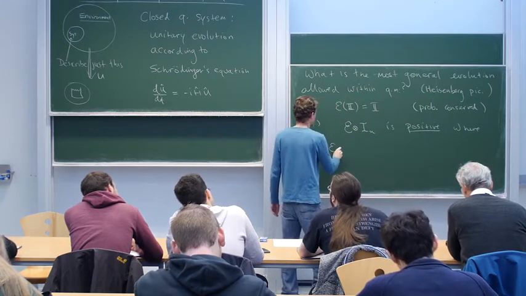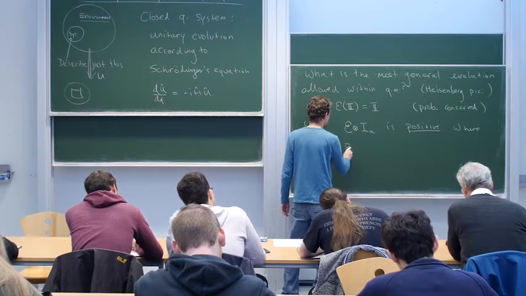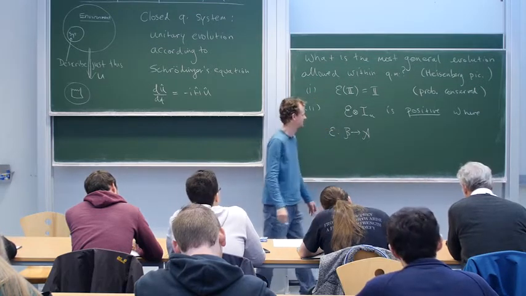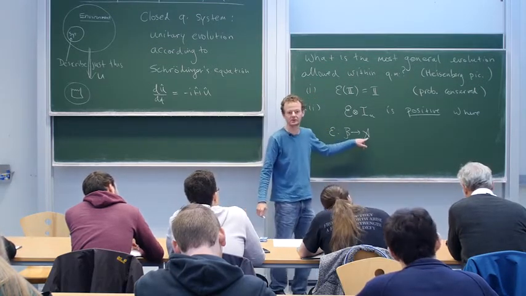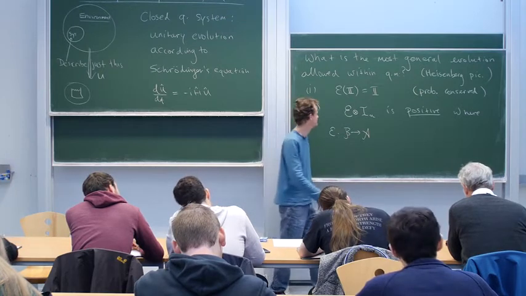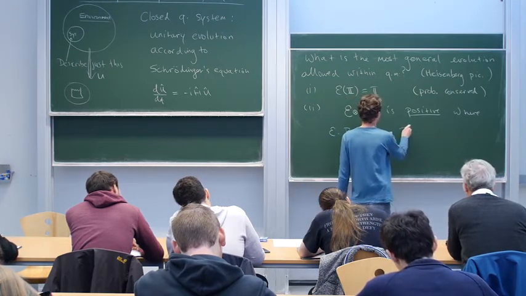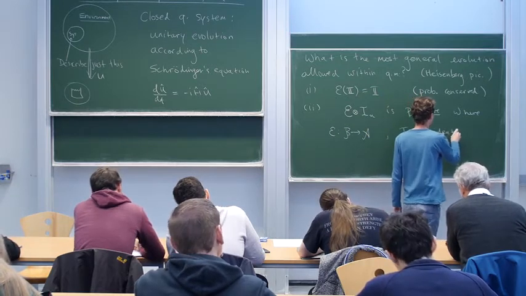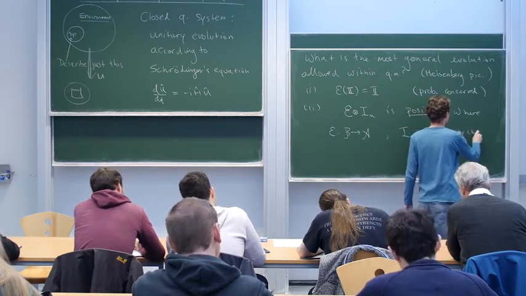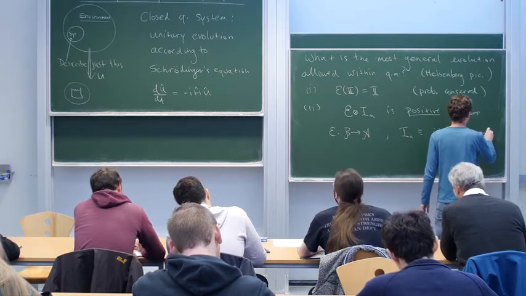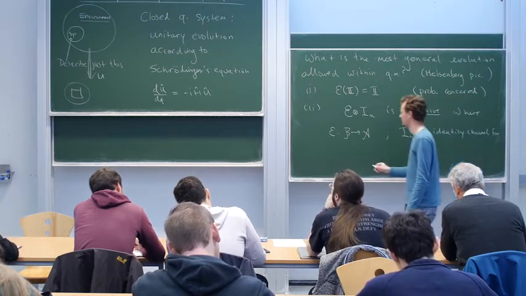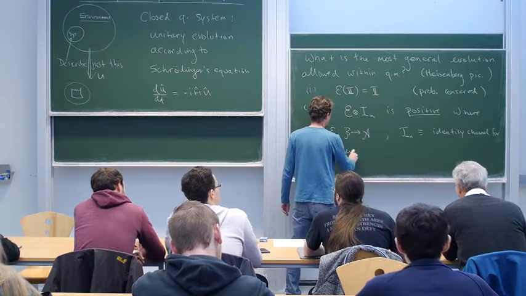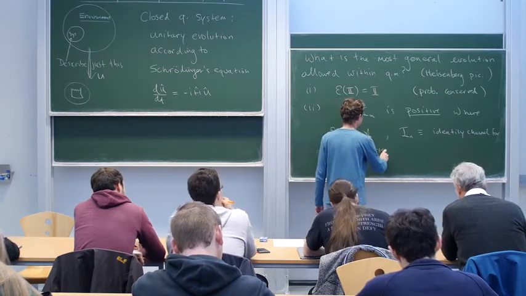E is a map from the observables describing the output system B to the observables describing the input system A. I_N is the identity channel for an N-level system.